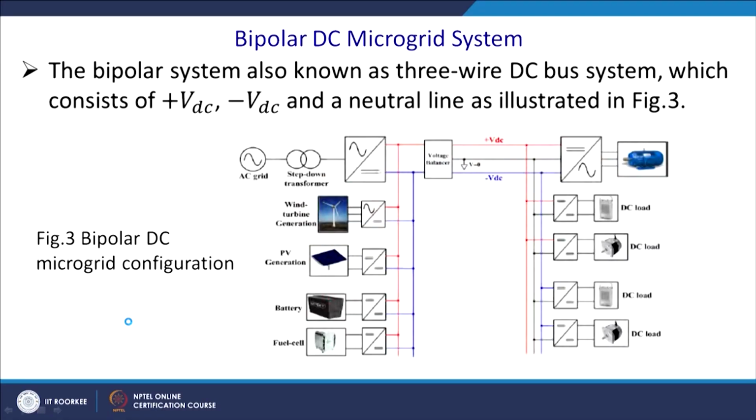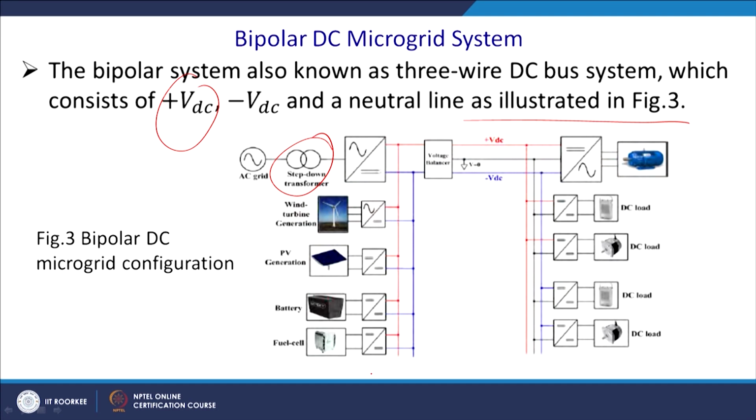Whereas you have a bipolar DC system, known as the 3-wire DC system, consisting of the plus DC, the minus DC and the neutral line. So, you have an AC grid, a step down transformer, and the AC to DC conversion system, and this is the bus. Here you can see the red line is the positive bus and the blue line will be the negative bus.